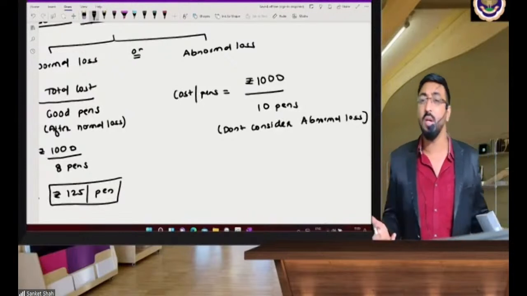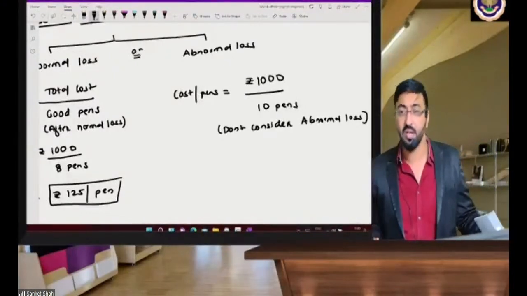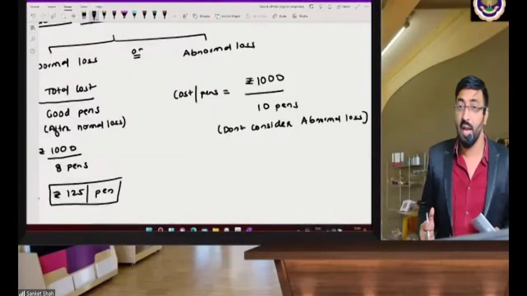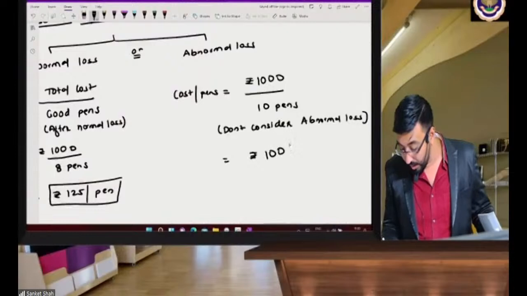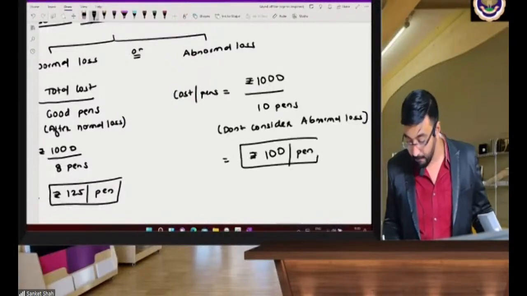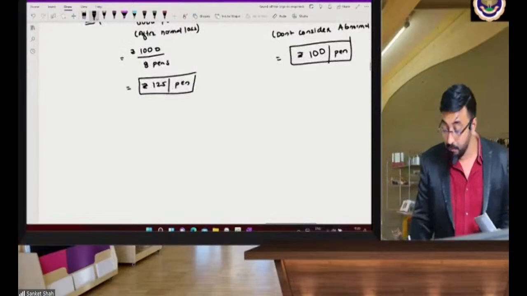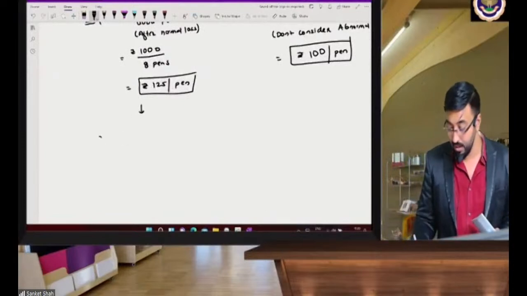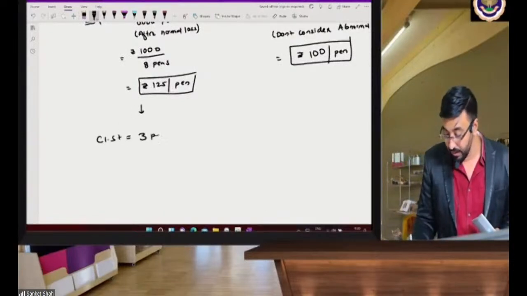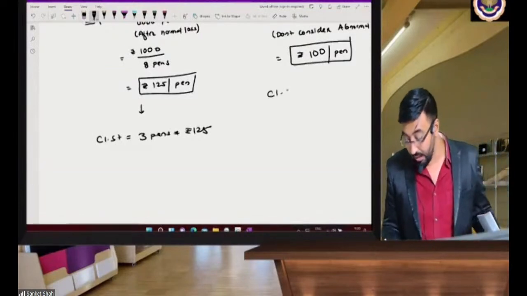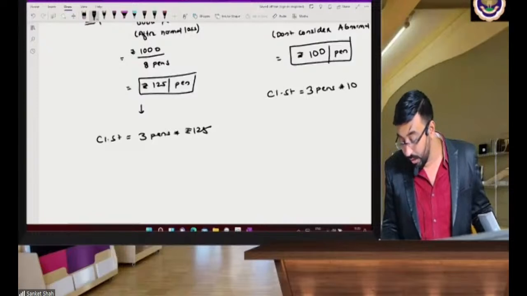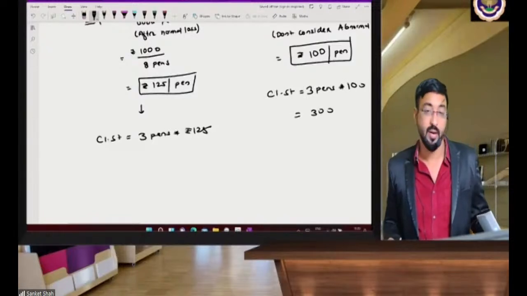This time only you are getting these damaged pens, and it's your fault. In that case you record at 100 rupees per pen. So if you are left with a closing stock of 3 pens, you multiply by 125 in the first case, and here I record it at 100, so this is 300.